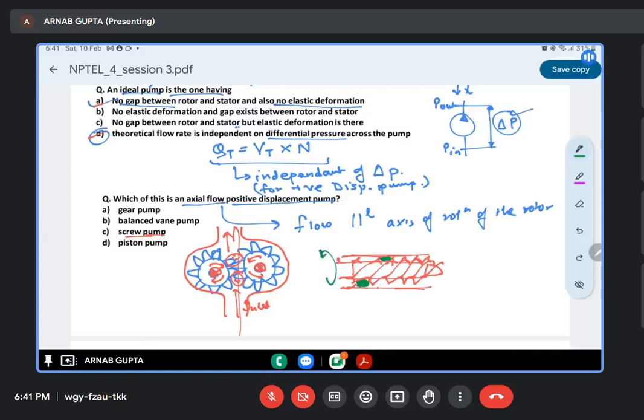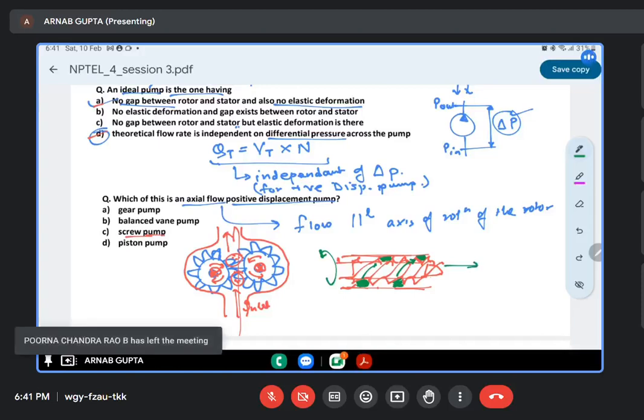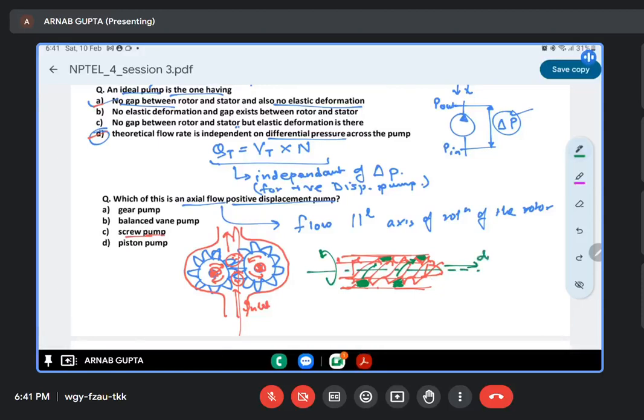Upon one rotation of the screw, it is again pushed here. This is the path it follows. As the screw rotates, like this it goes, and ultimately it moves forward. So here you can understand that if this is your axis of rotation, then the direction of fluid flow or direction of discharge is parallel to the axis of rotation of the rotor.